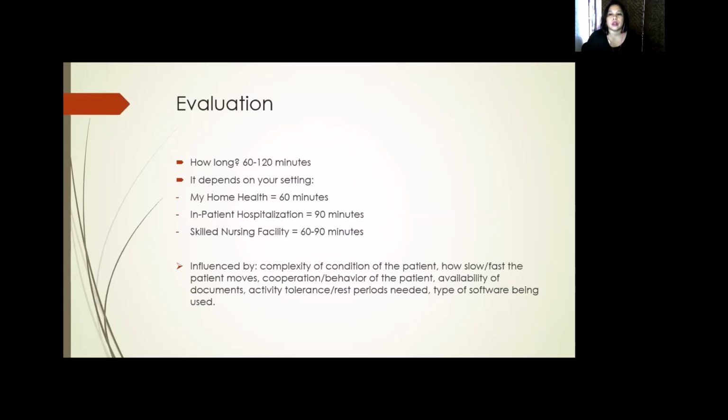Okay, and the type of software being used. What kind of platform or software or documentation system your company is using. Some software is more demanding than others.